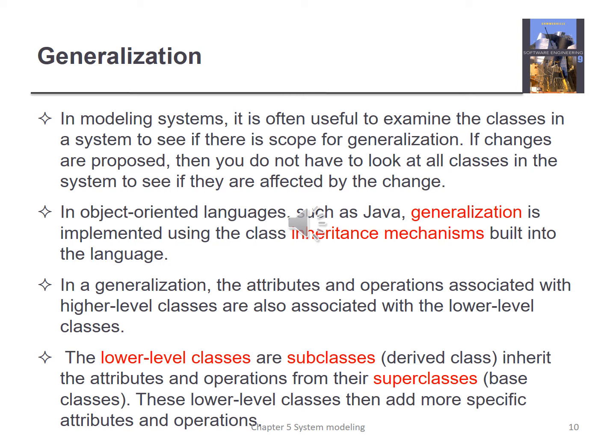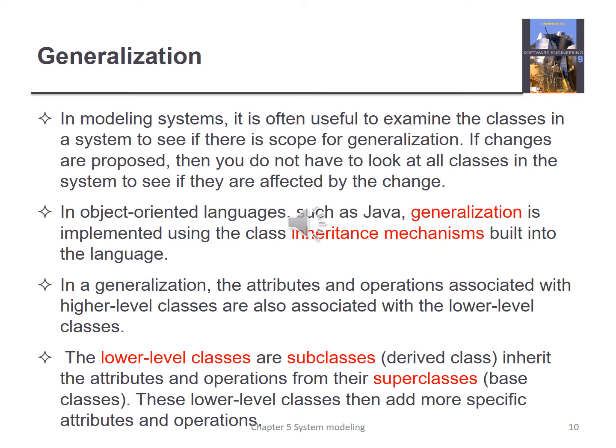In an object-oriented language such as Java, generalization is implemented using the class inheritance mechanism built into the language, as we said earlier. In generalization, the attributes and operations associated with the higher class, the parent class, are also associated with the lower classes.